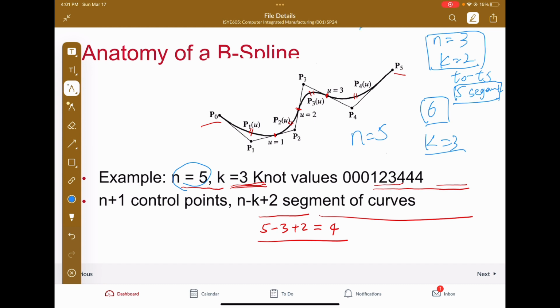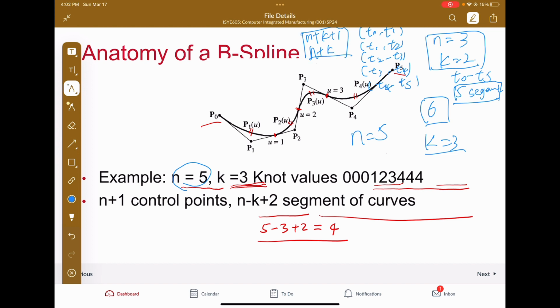So we have a segment t0 to t1, t1 to t2, t2 to t3, t3 to t4, t4 to t5, which is 5, right? This is how we do that. So the t values will be n plus k plus 1, and the segments will be n plus k.